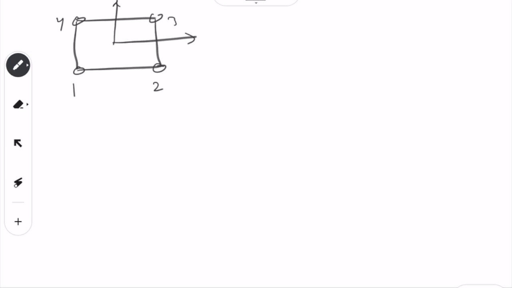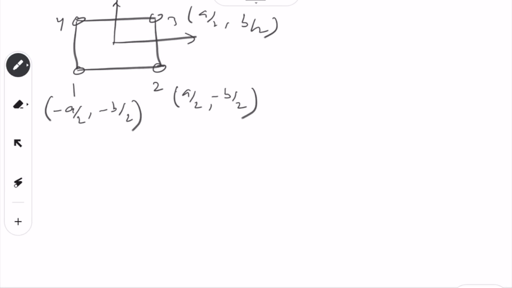So we have A. Point 1 is at minus A over 2, minus B over 2. Point 2 is at A over 2, minus B over 2. Point 3 is at A over 2, B over 2.